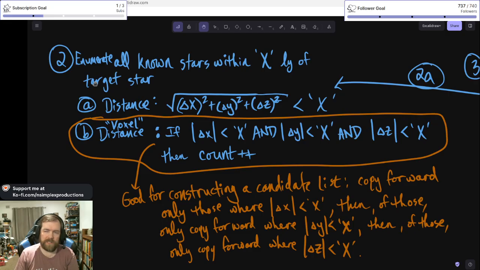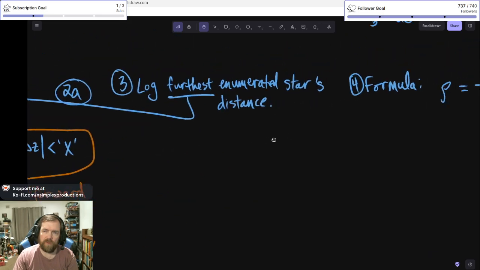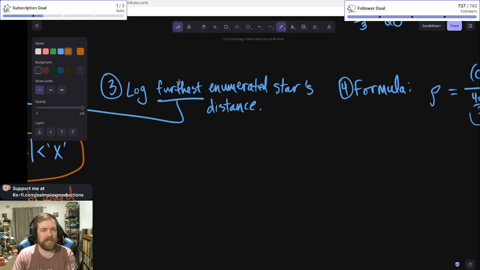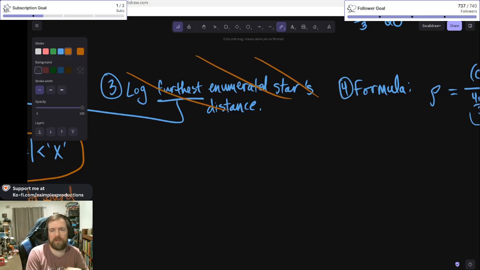But then I was like, well, that's stupid, because you can't really. We wouldn't be able to use the furthest enumerated, but again, we don't actually need that, because that's only if we're using a maxed out thing.